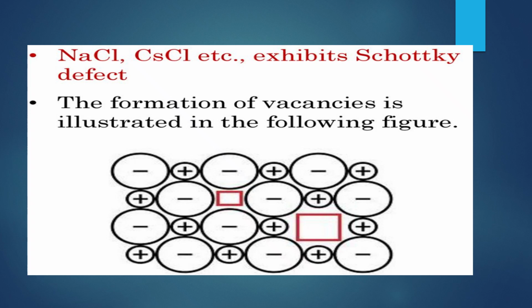This creates vacancies or empty spots in the structure. These vacancies are side by side. Therefore, it is also called a Schottky defect. Schottky defect results in a decrease in density and the crystal becomes slightly less stable, but it remains electrically neutral. It occurs at high temperature.